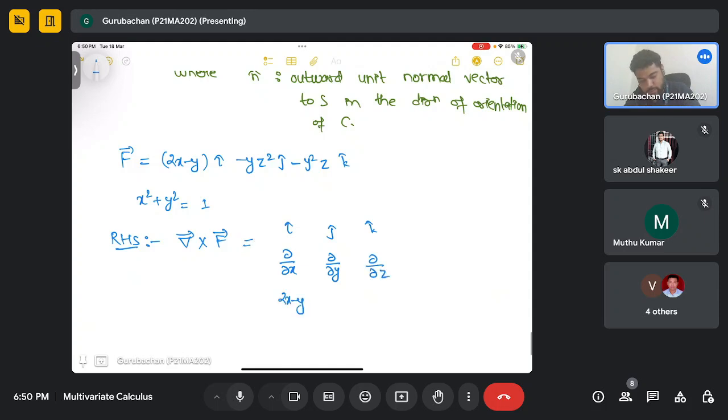2x minus y z square minus y square z. What will be its curl? Tell me.